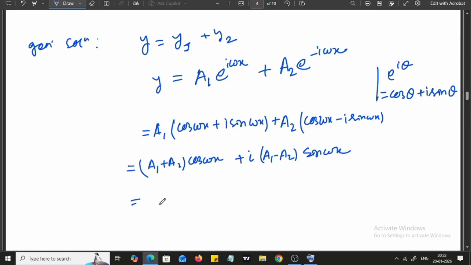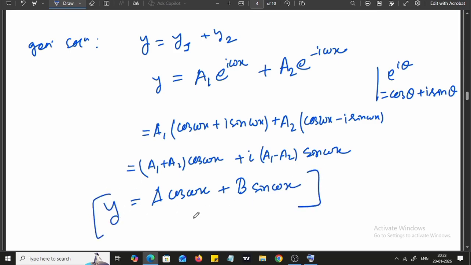Now let's write a1 plus a2 as capital A, and this as B. So our general solution is y equals A cos omega x plus B sin omega x. So this is the solution for d²y/dx² plus omega square y equals 0.